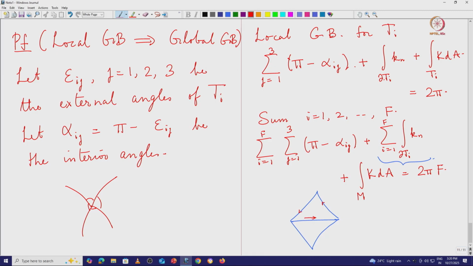For the triangle at the top, the bottom edge will have an orientation, let us say, going from left to right, but if you orient the triangle at the bottom, then what is now the top edge for the triangle at the bottom will have exactly the opposite orientation, right. So when you sum up the contributions of the normal curvature, they will be equal and opposite on these two edges, so they will cancel out.